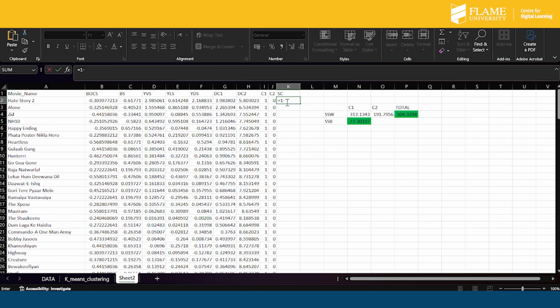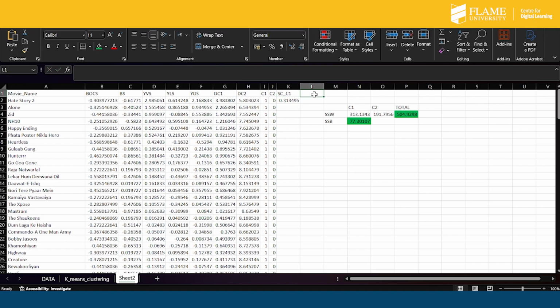So DC1, that is 3.93, so I'm just taking this value and dividing by this. So this is nothing but the silhouette score for this particular member, for its cluster, with respect to cluster 1.